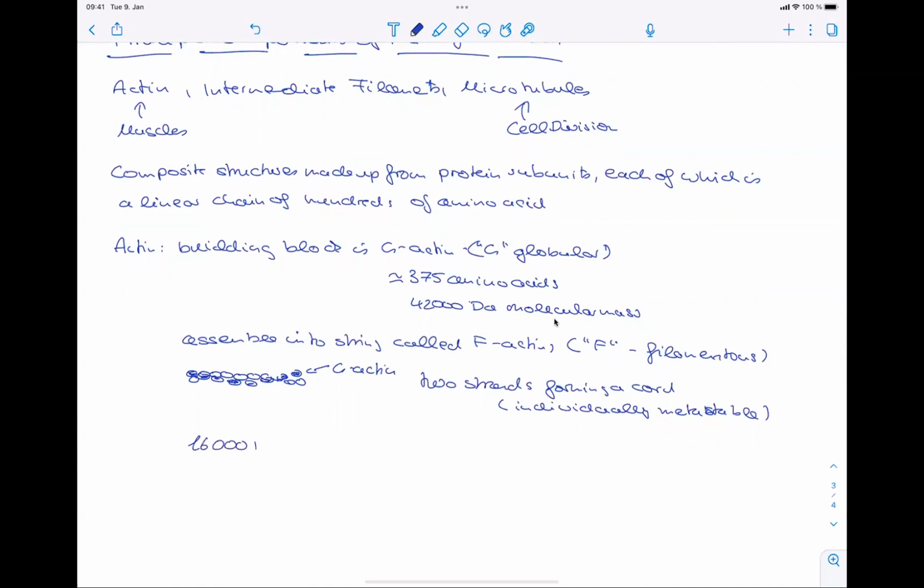And so here now we have 16,000 Daltons per nanometer mass per unit length in these strands, and a typical actin monomer concentration in the cell is 1 to 5 milligrams per milliliter.